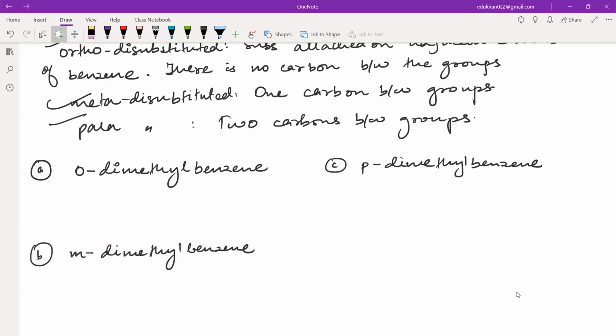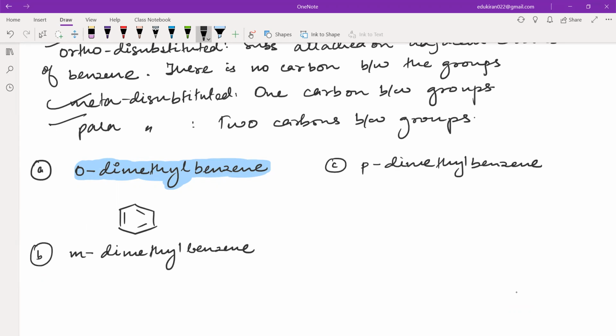For the A1, tell me, read this. What it is? First of all, we have to read this. Ortho dimethyl benzene. We have a benzene ring. Okay.